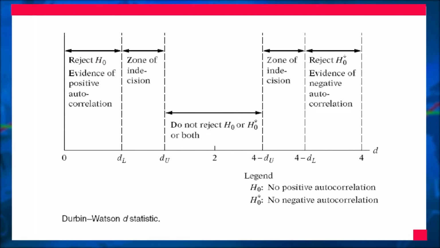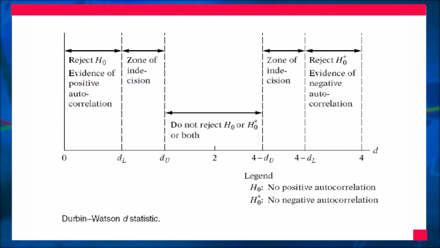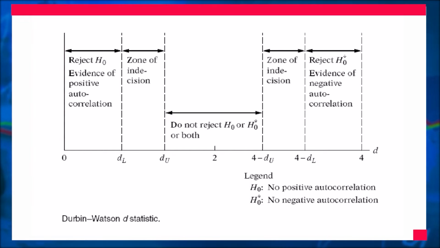In this slide, first, in the range 0 to DL, where DL is the lower limit, the autocorrelation coefficient is positive, so we reject H0 if D lies between 0 and DL. Similarly, if D lies between 4 minus DL and 4, we do the same because of the presence of negative autocorrelation.